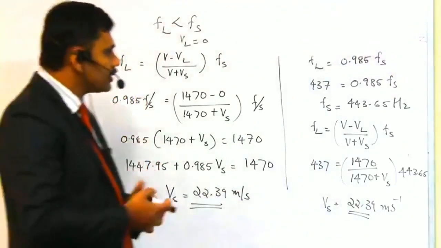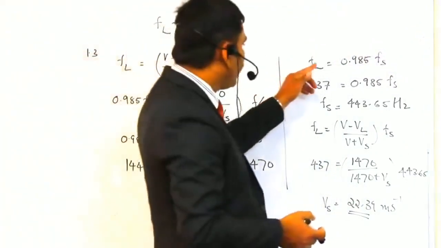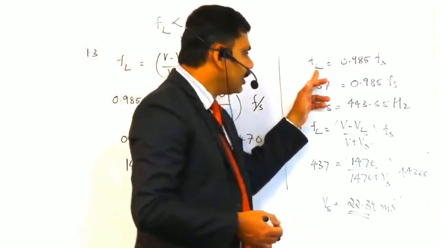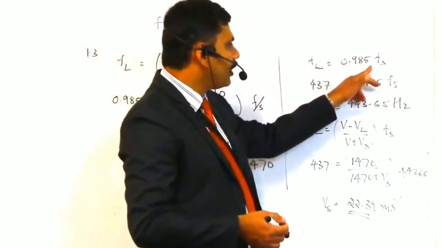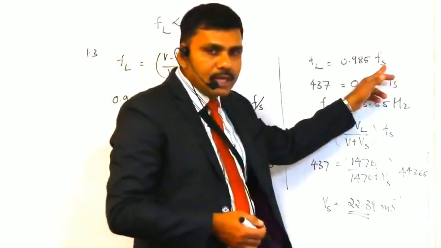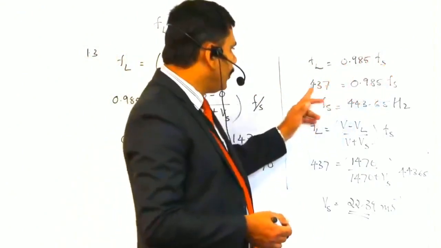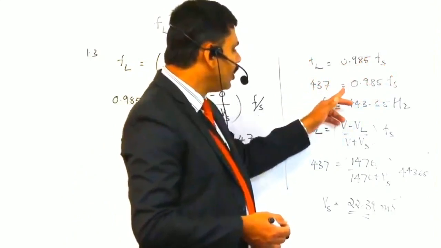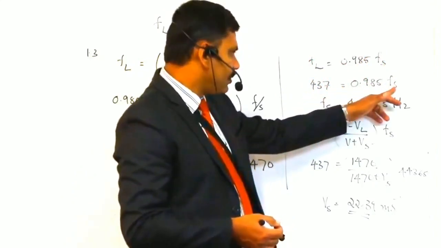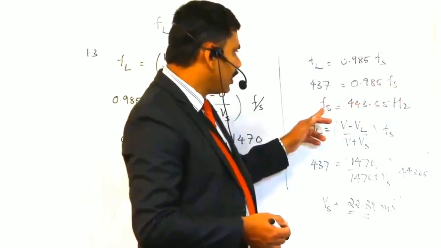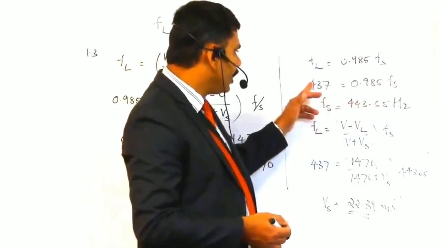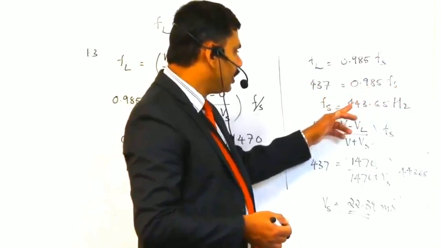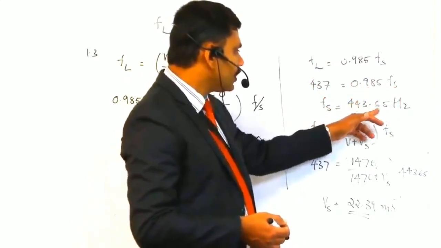Another alternative way: FL is given, the frequency detected by the submarine is 0.985 times the frequency produced by the ship. So 437 = 0.985 Fs. Dividing 437 by 0.985, you get Fs = 443.65 Hz.